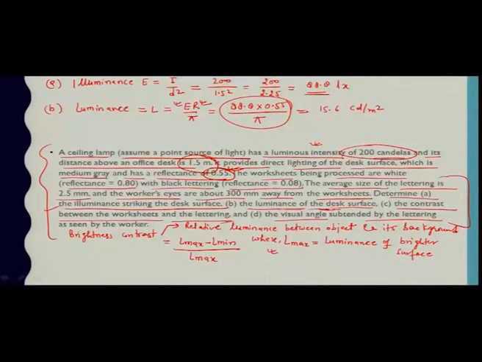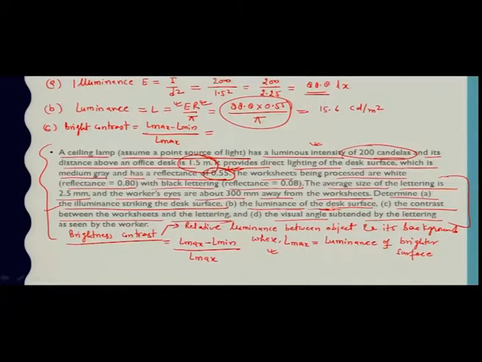In this way the value of brightness contrast can be calculated. So C is brightness contrast, that is L max minus L minimum upon L max.